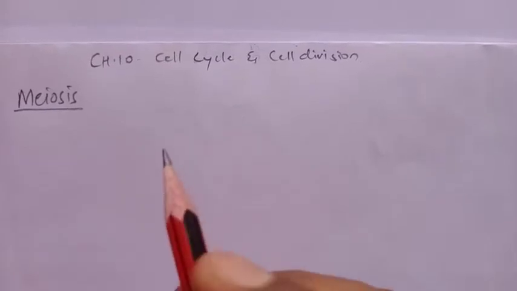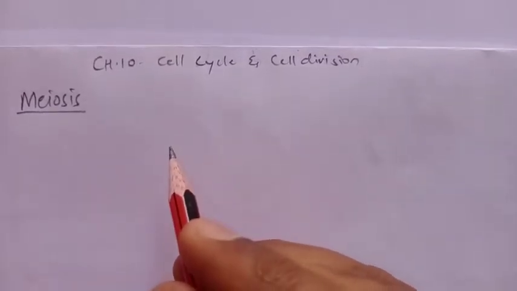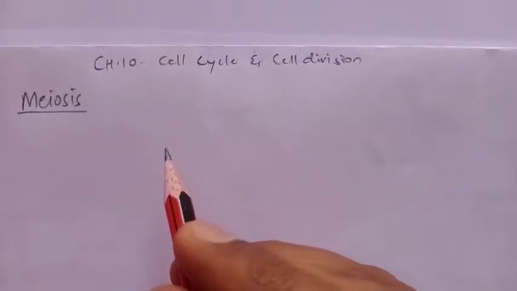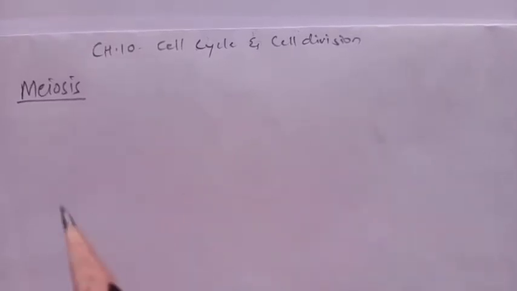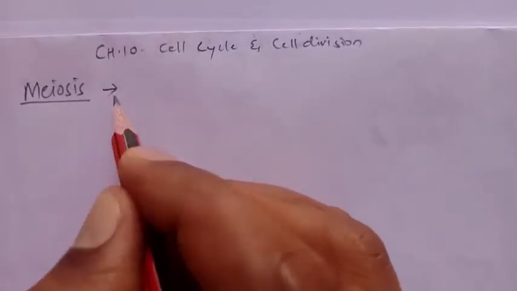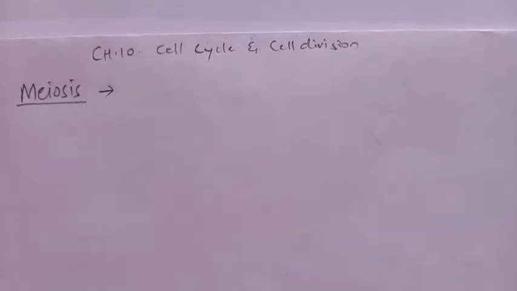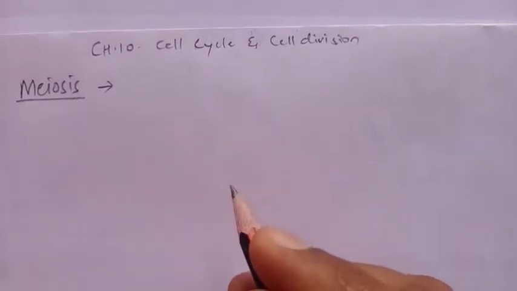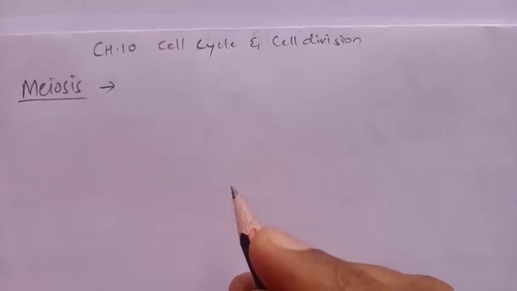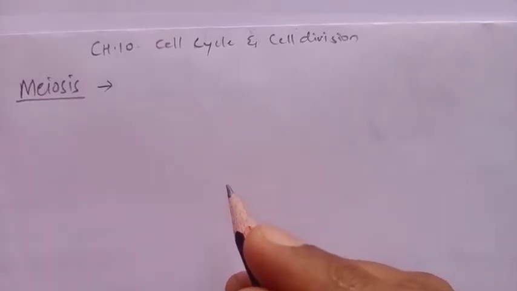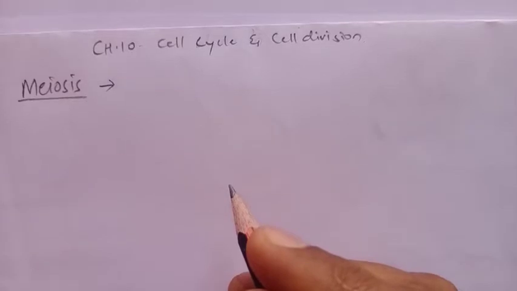Now one more important type of cell division, that is meiosis. We can call it a specialized cell division that reduces the chromosome number by half of its parent cell.